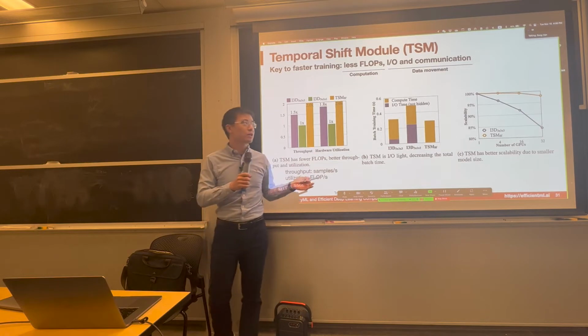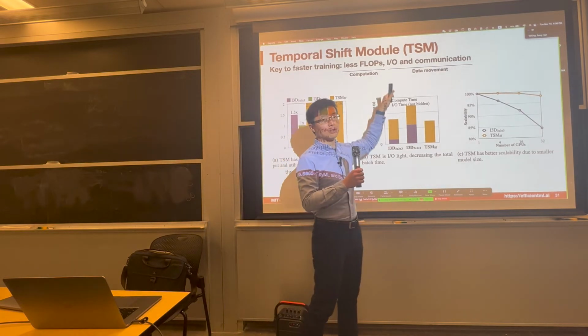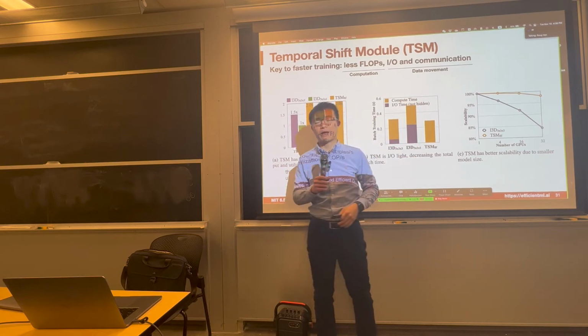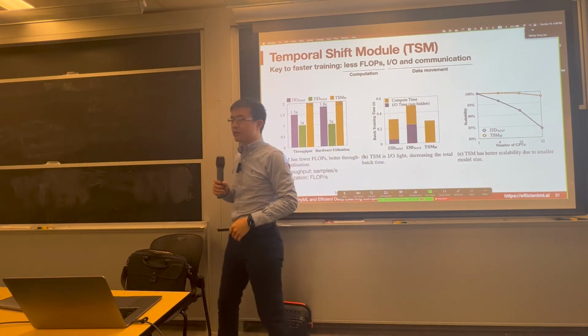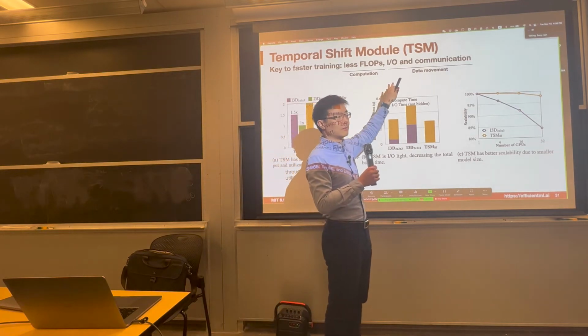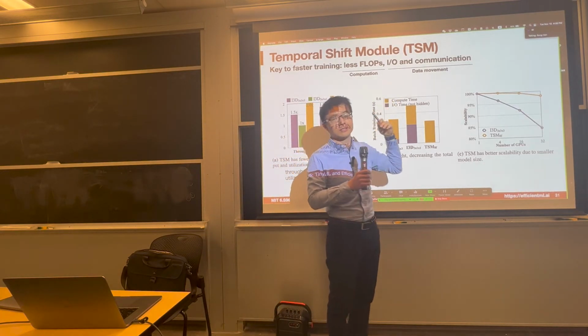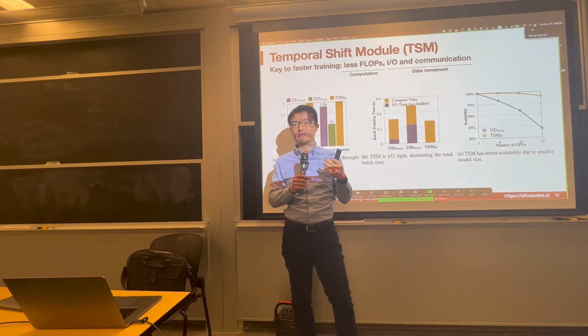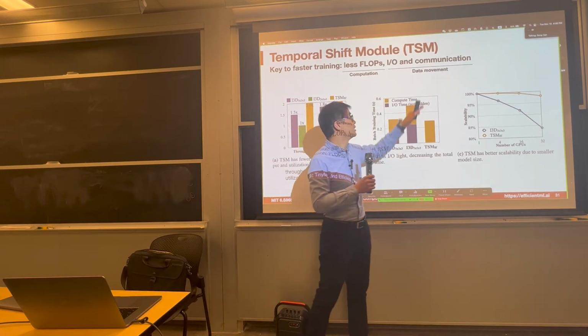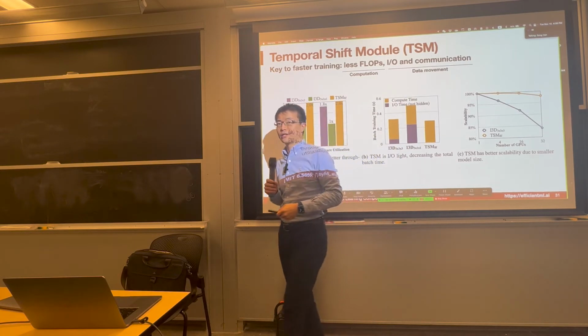We have multiple aspects. One is the I/O between the disk and the memory. The other is the memory overhead between the memory and the processor. And the other is the communication between different nodes.